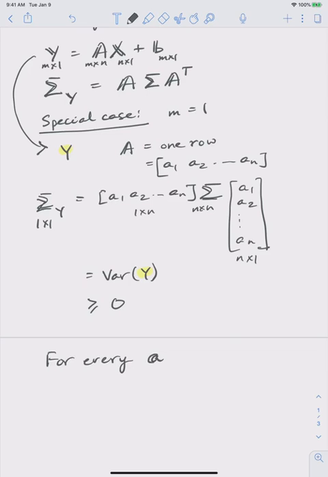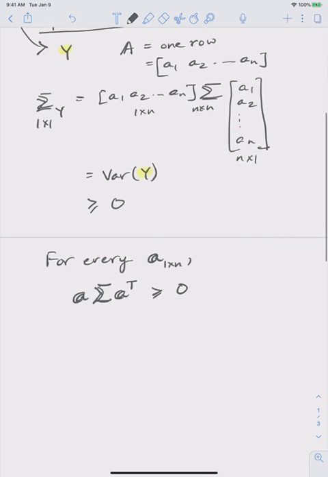And now I'm going to try and write A with a double line. What we have seen is that if I take A, I multiply by sigma, and then I multiply by the transpose of A, I get a non-negative number.